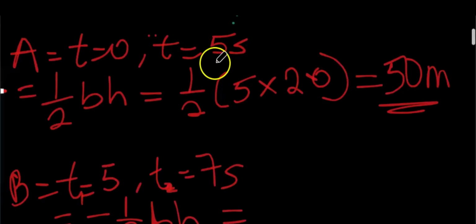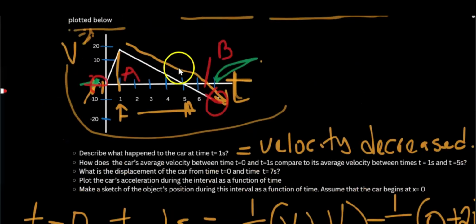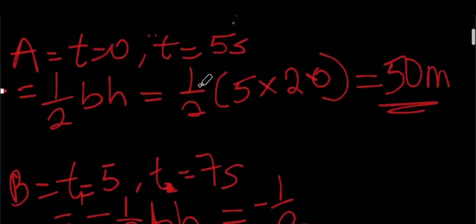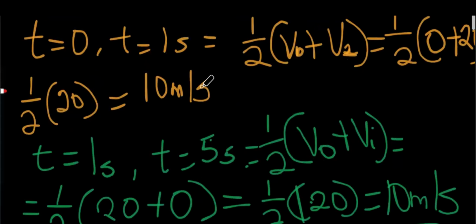The base is from 5 to 7, that is 7 minus 5, which is 2 seconds, times the height.